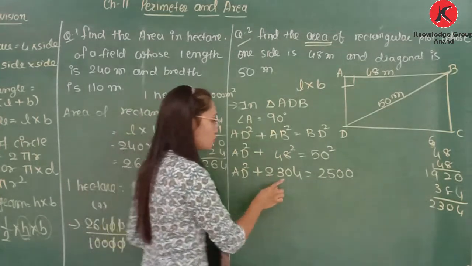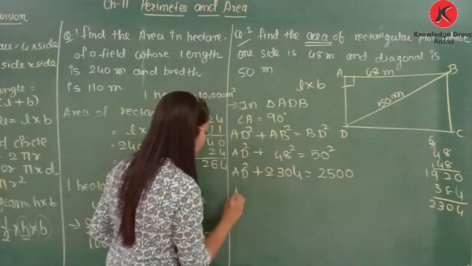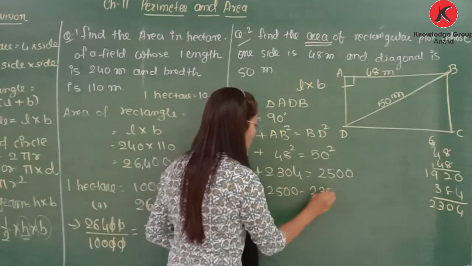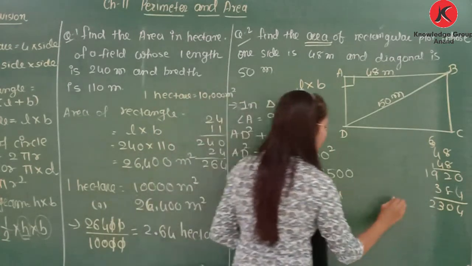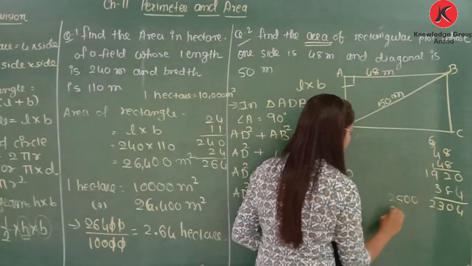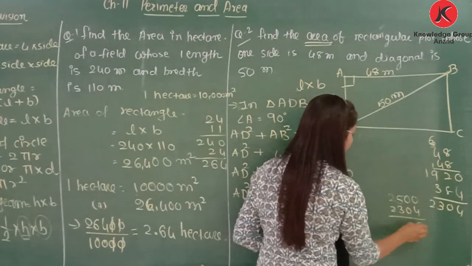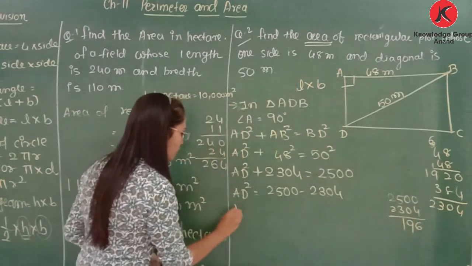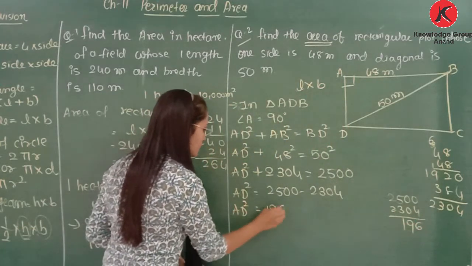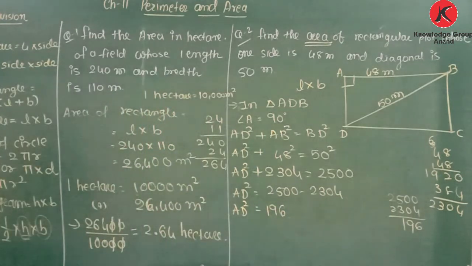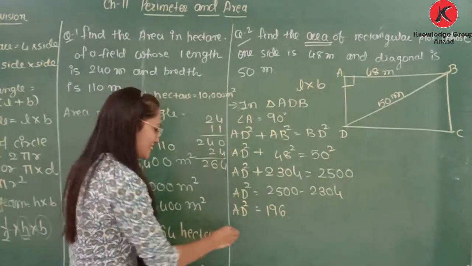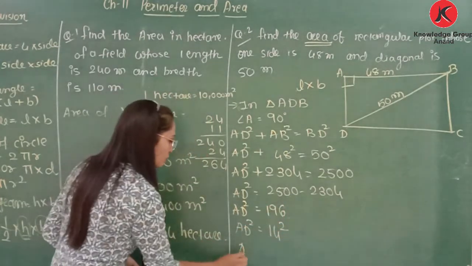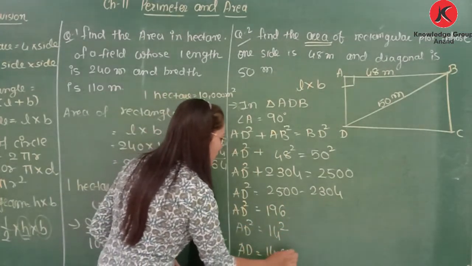Now take this 2304 on the right side. Perform the subtraction. So AD square, that is 196. 196 is 14 square. So AD will be 14 meter.